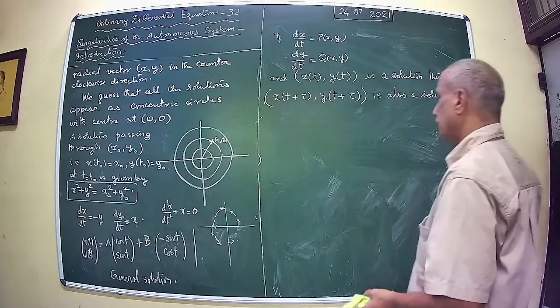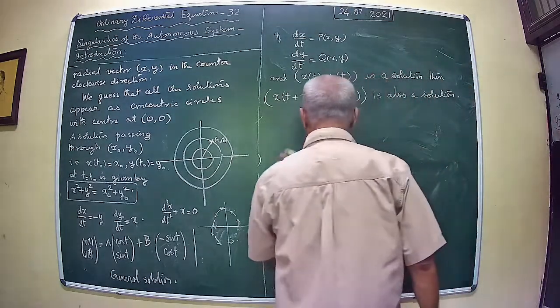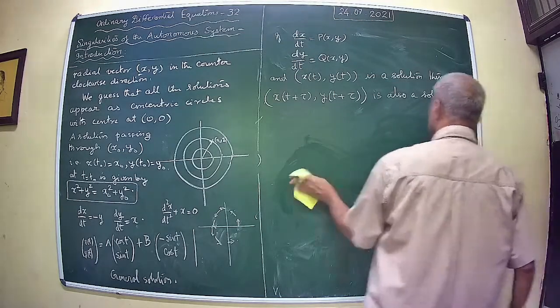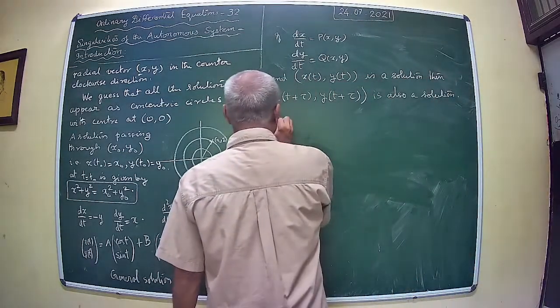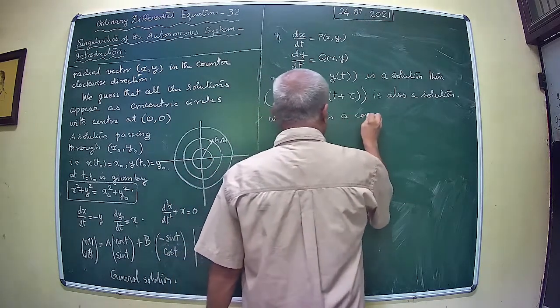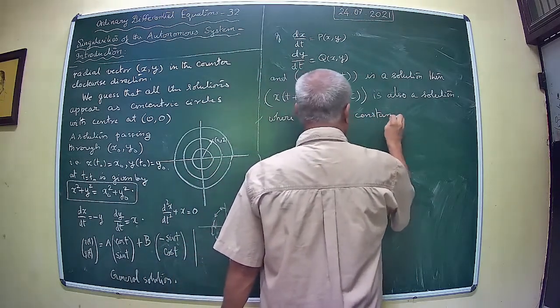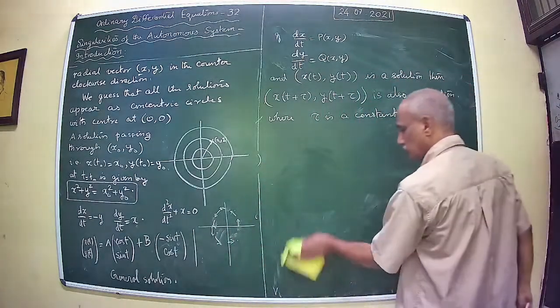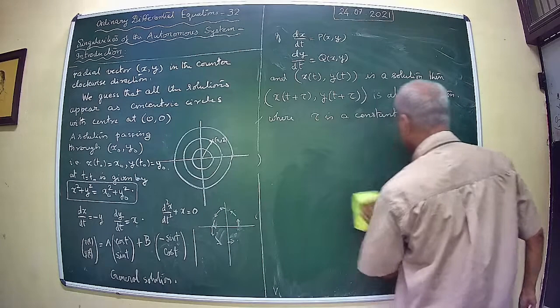It just satisfies: x(t), y(t) satisfies the equation means x(t plus tau), where tau is a constant.